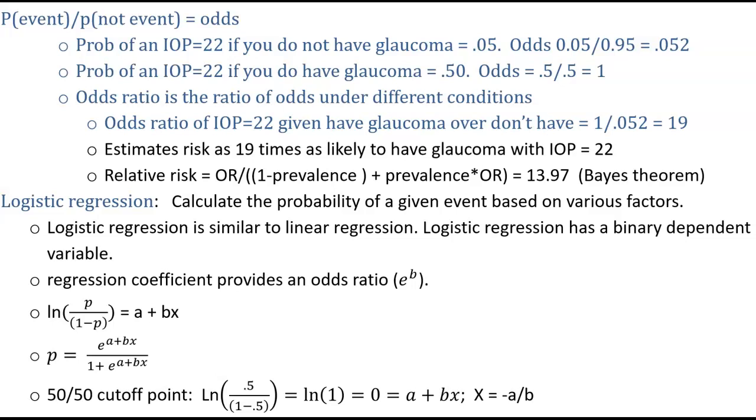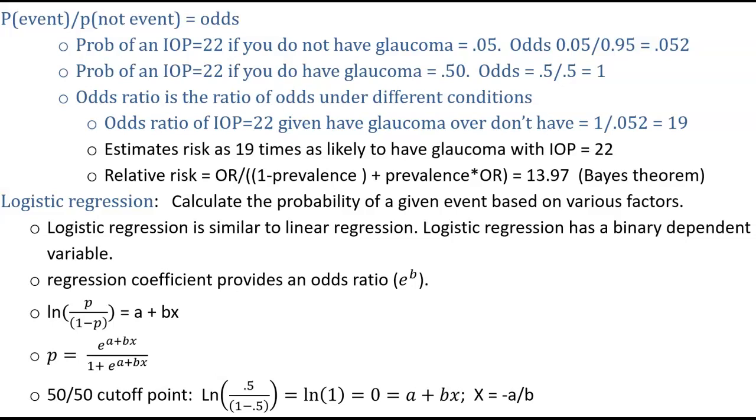Instead, the slope represents the odds ratio: given a particular x or a change in x, the odds ratio either increasing or decreasing a certain amount.